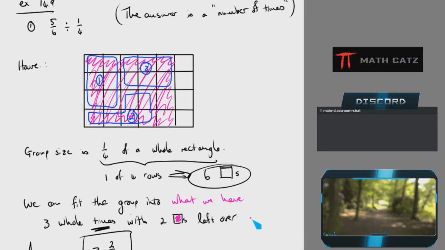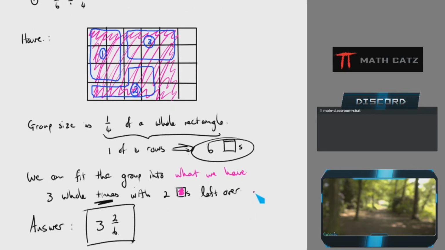And then I just have to get to grips with what my answer is saying and what kind of answer this is in reference to. It's a number of times it can fit, or the number of groups that can fit according to the instructions. So obviously, we need more practice. We will have more practice tomorrow.